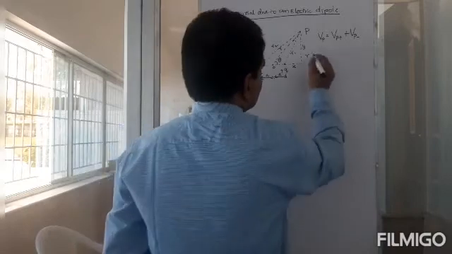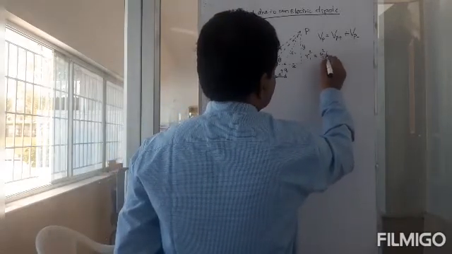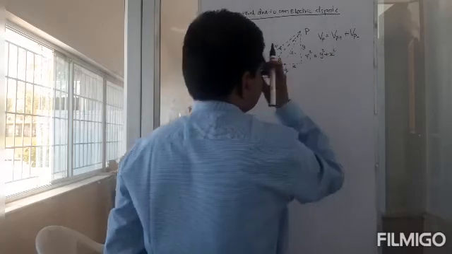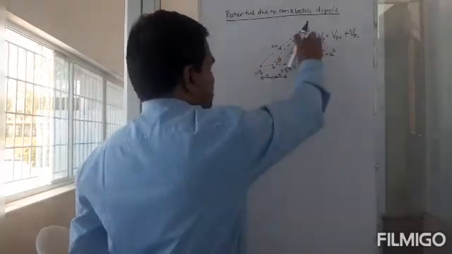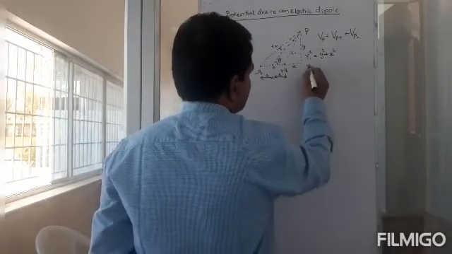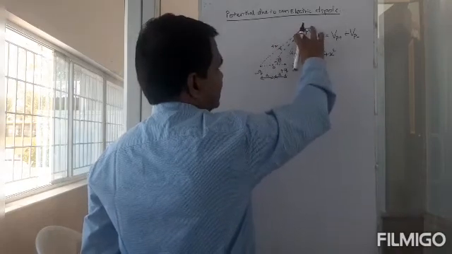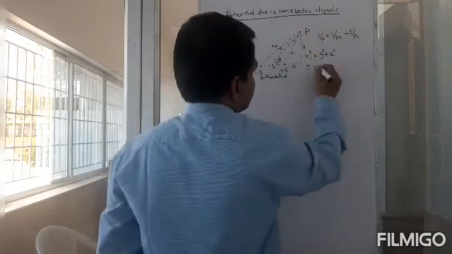So r1 squared is equal to y squared plus x squared. But can I express y in terms of r and theta? Yes, I can. We take r, so y is r sine theta.